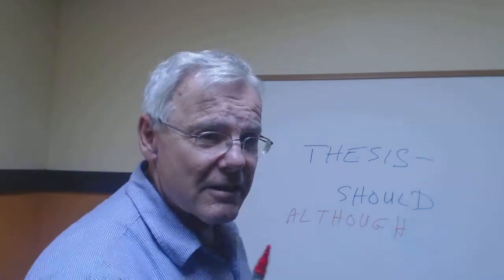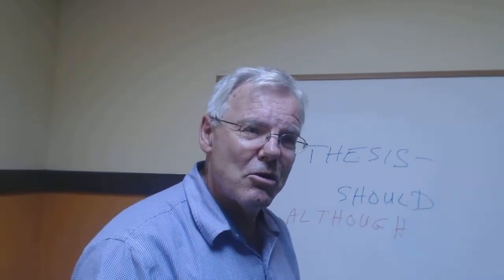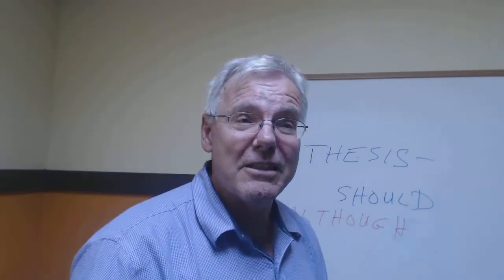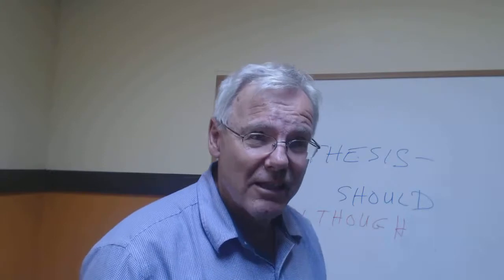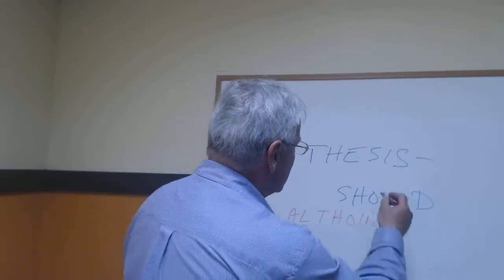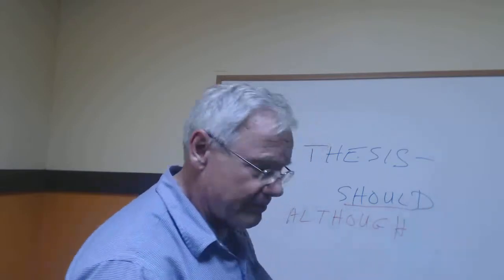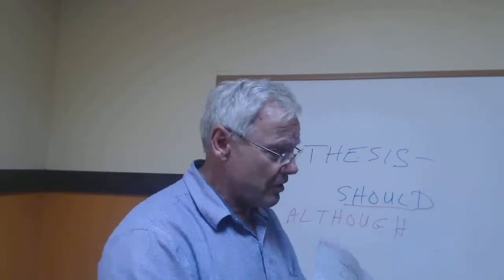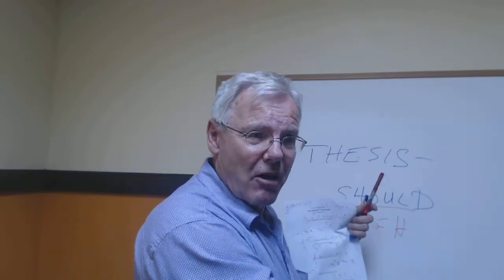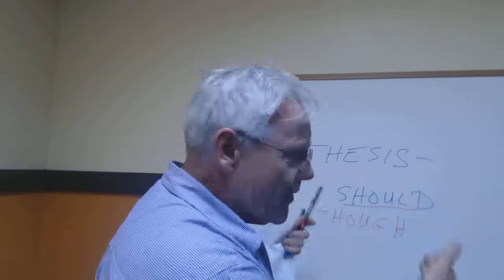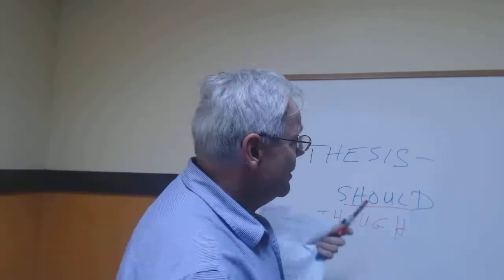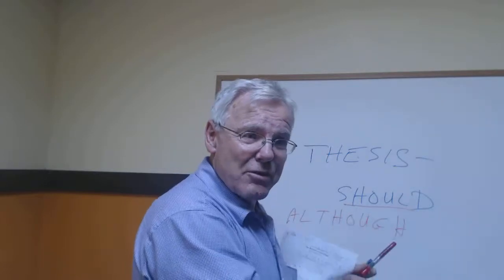So your paper consists of presenting your arguments and refuting, or at least addressing, the counter arguments. So if your arguments have to do with, let's say we're taking the should position, you're trying to show, this is like a scales. You're weighing these arguments and evaluating them, and evaluating any evidence that's out there, and seeing if one side is heavier than the other.